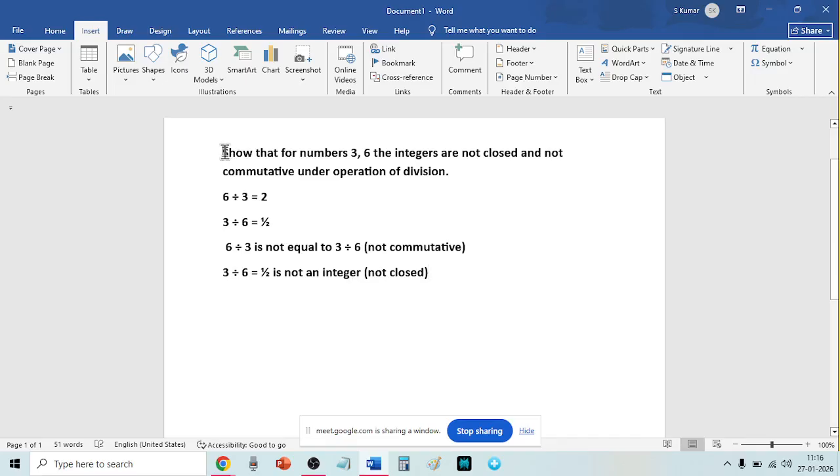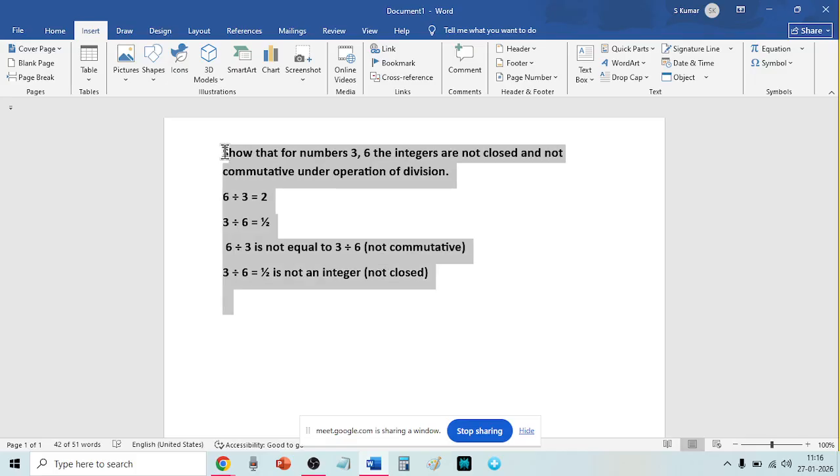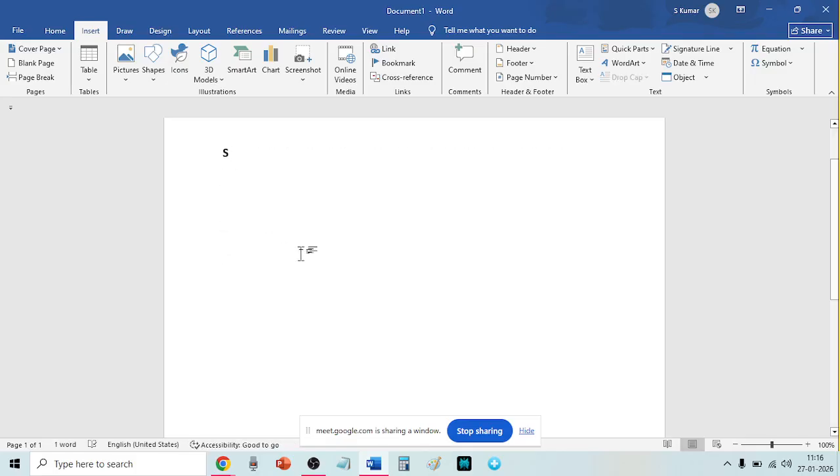And sometimes you will have to show that two integers are not closed. Then you choose your integers. Here I gave you 3 and 6. Sometimes you take your own numbers, any two simple numbers: 5, 10, 4, 8, 9, 3. If they are not giving the numbers, then you take simple numbers.